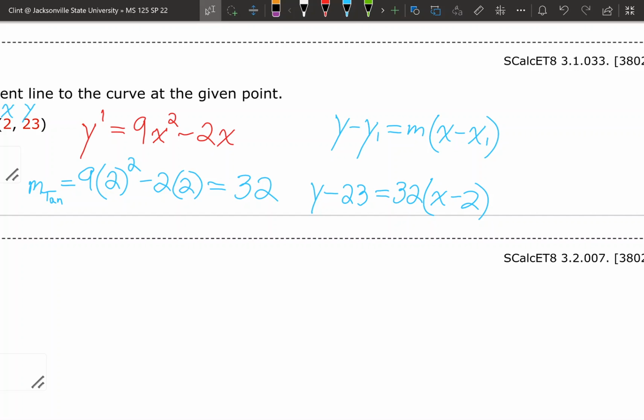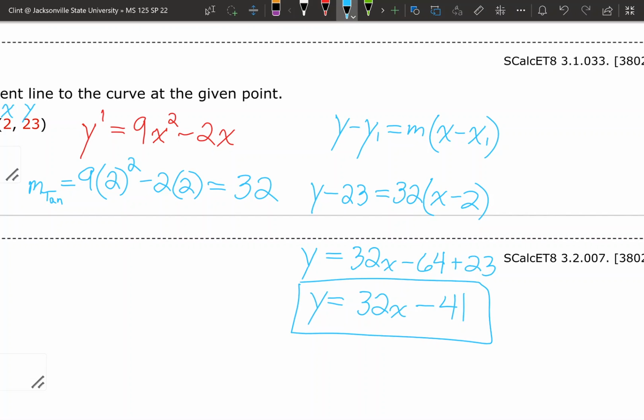So let's see, it'll be y equals 32x minus 64 plus 23. Y equals 32x minus 41. There's our tangent line at the point 2, 23.